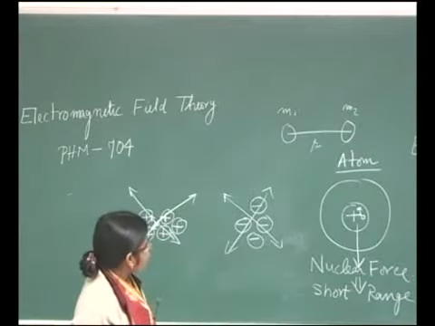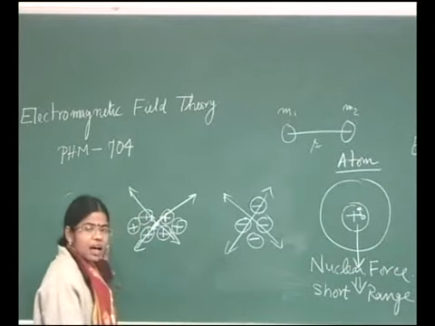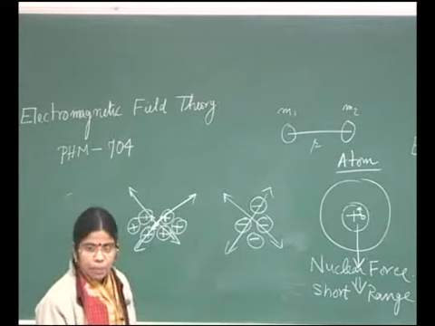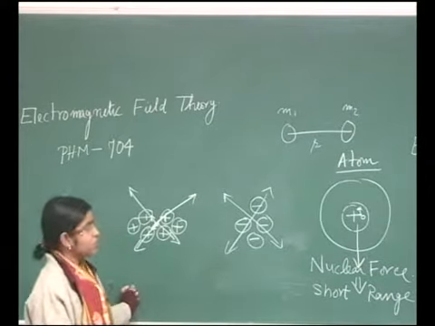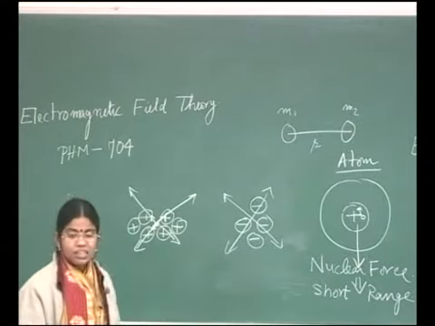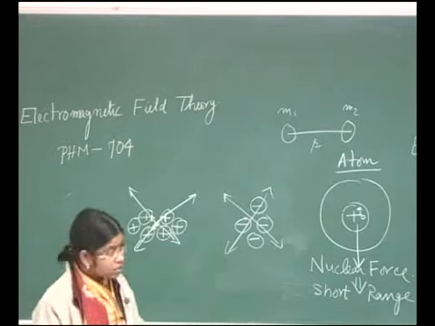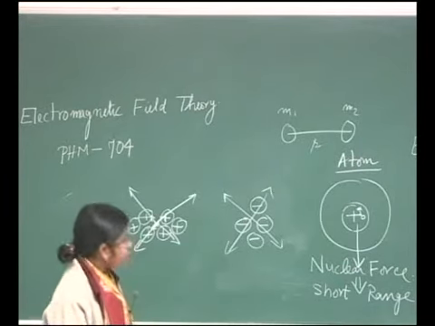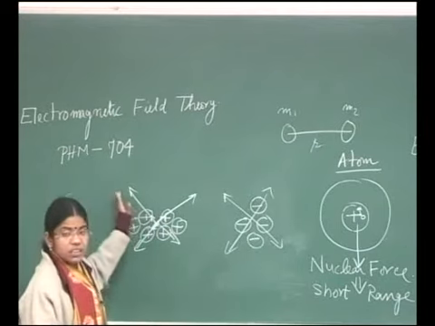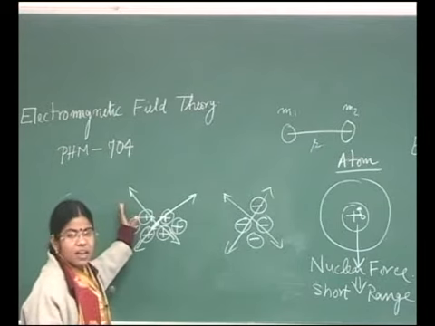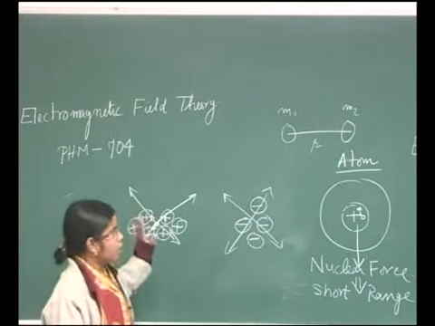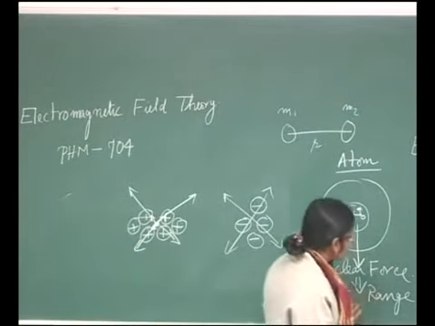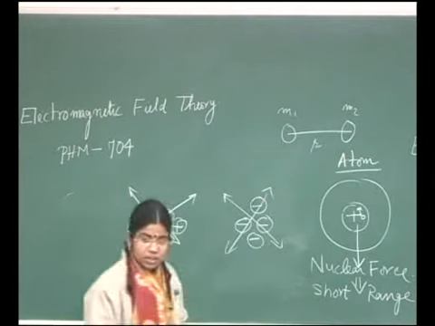I would like to tell you that gravitational forces are even longer in range than electrical forces, because we experience gravitational force between two heavenly bodies like the sun and the earth. All the heavenly bodies are positioned in predefined trajectories because of these gravitational forces, which are extremely long range. But if we compare nuclear forces and electrical forces, nuclear forces are shorter in range.